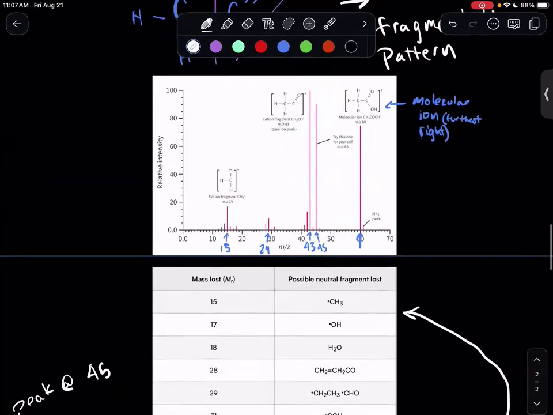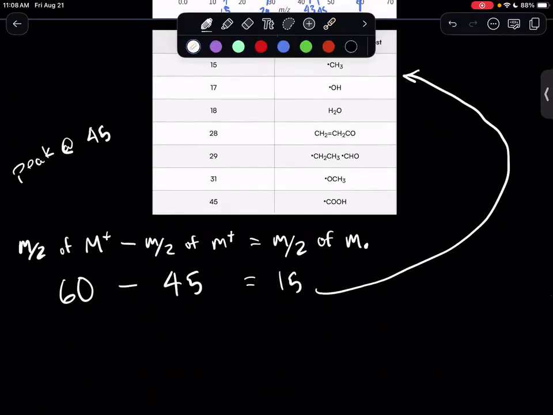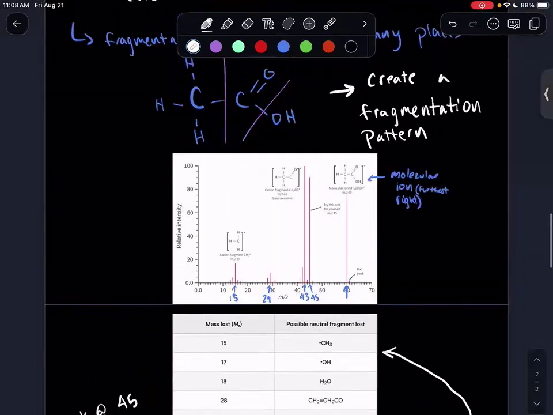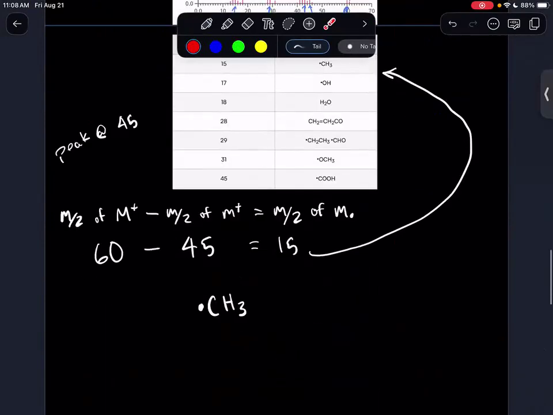So we can tell that at 45, which represents this nice big one right here, we have, oh, sorry, that's 43. At 45, we have COOH remaining. So if our fragment loss is CH3 and we know that we're dealing with ethanoic acid, that means our positive fragment is probably this.